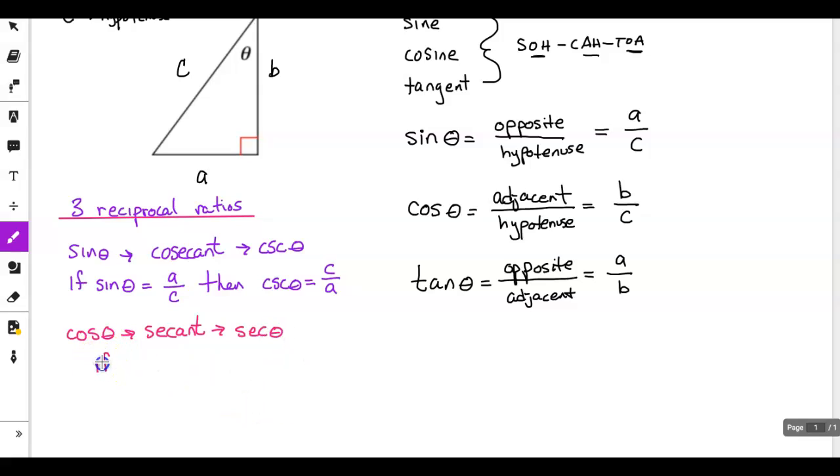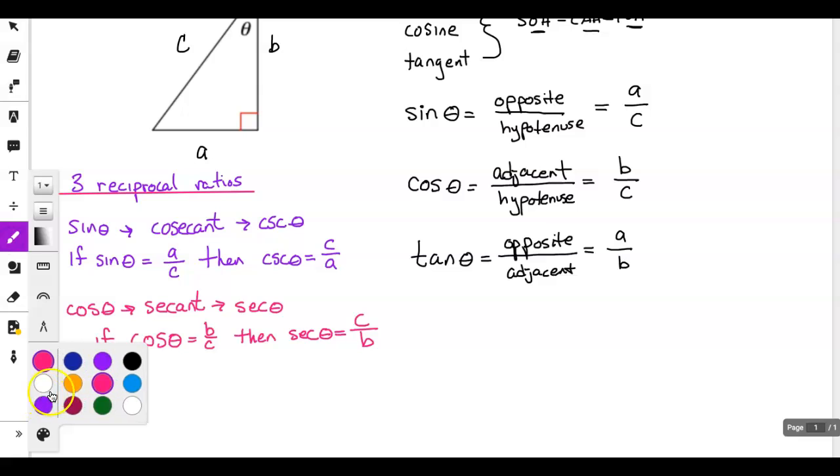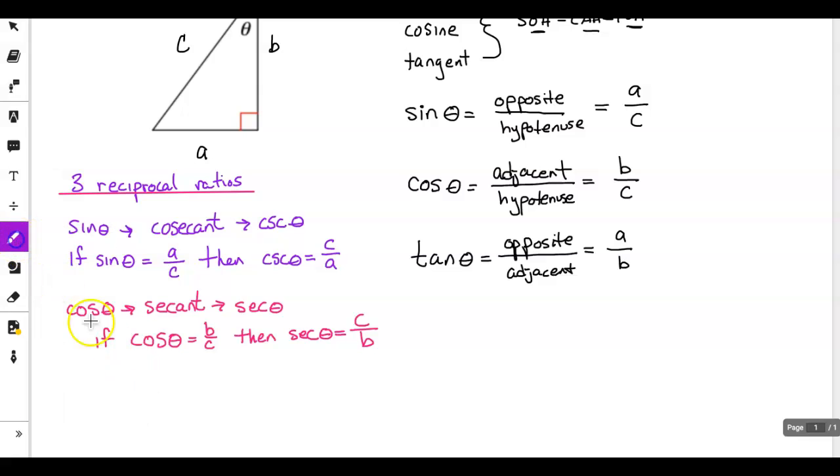In our triangle, the cosine of theta is B over C, so the secant of theta is the reciprocal of that, C over B. And lastly, the reciprocal of tangent is called cotangent, abbreviated COT of theta.